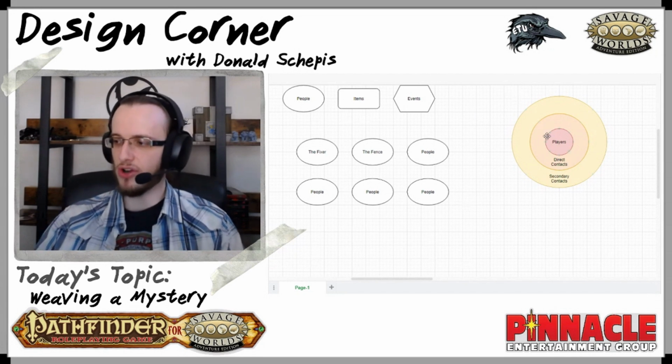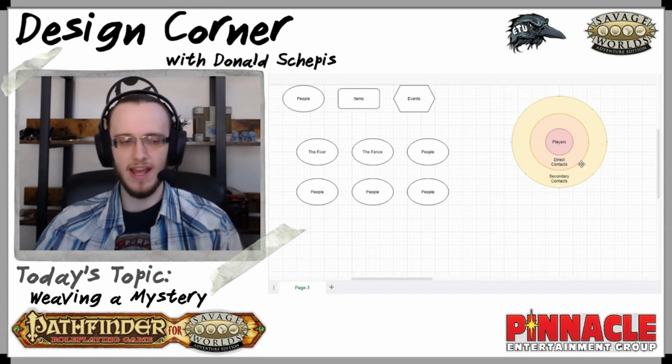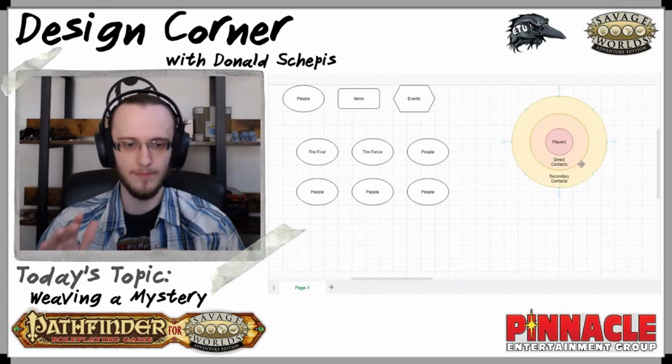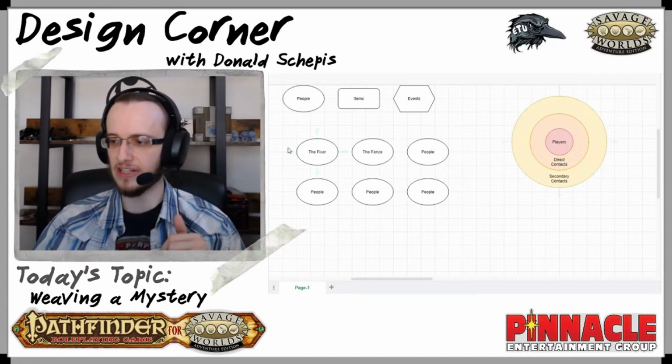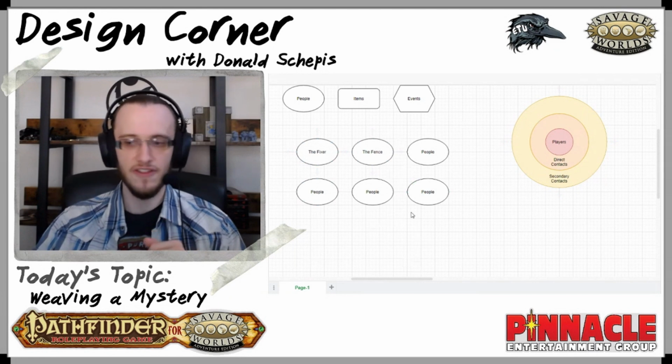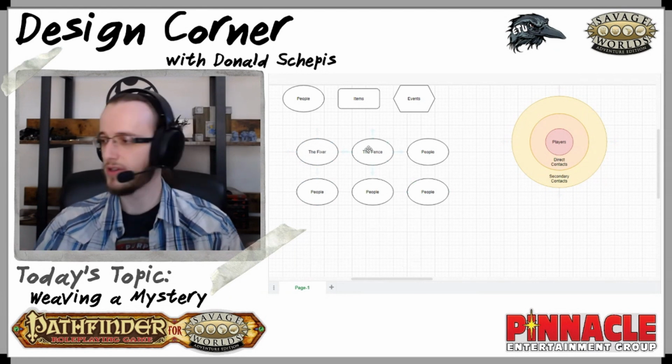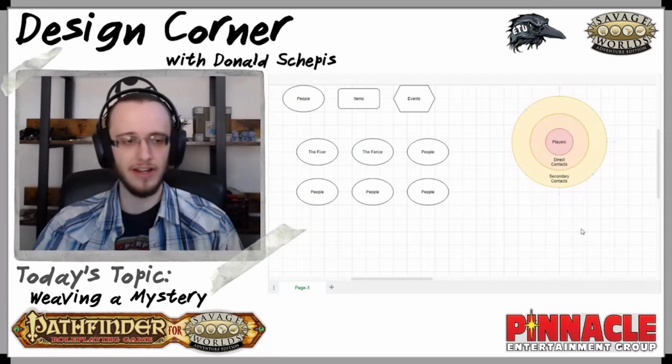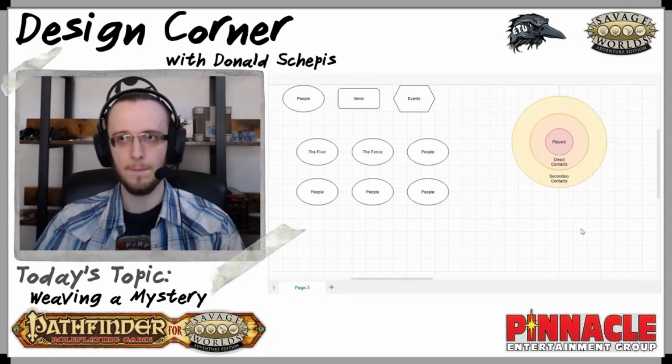But if our players aren't directly interacting with those contacts, we don't actually need to know who they are, right? We can have as little detail as we have right here. The fence has clients. So we know that out in these secondary contexts, they've got a whole bunch of clients.